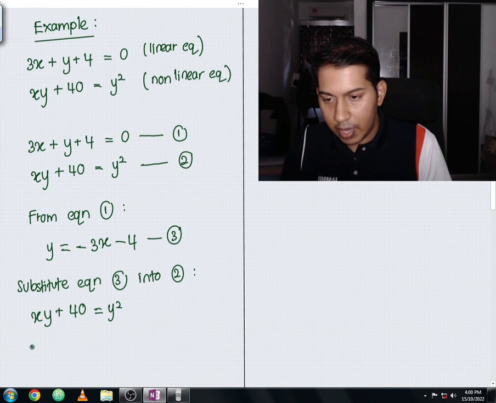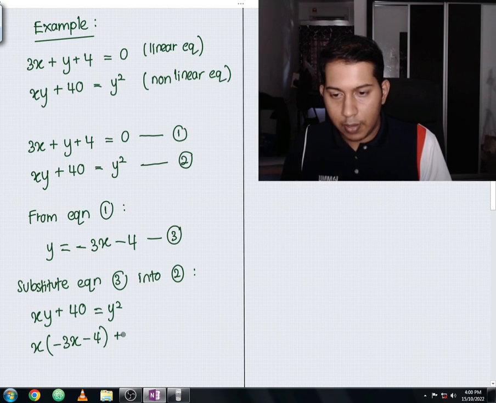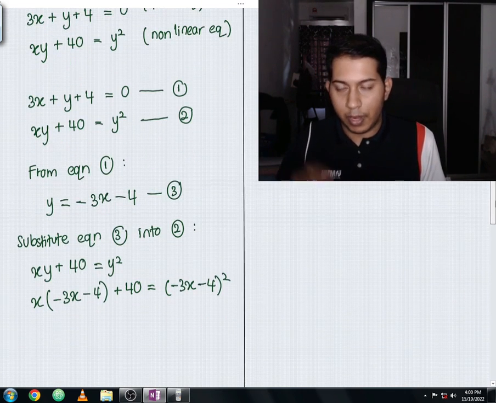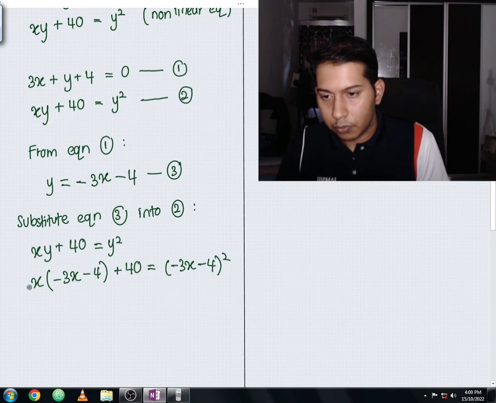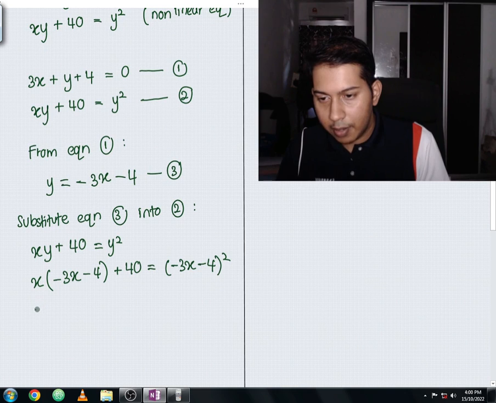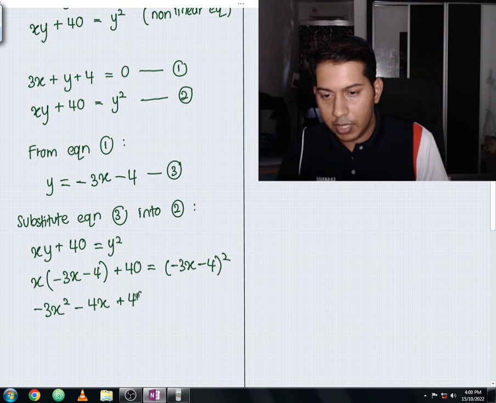So x(-3x - 4) + 4 = (-3x - 4)². Let us solve one by one, no need to rush. This x we can expand in, so we get -3x² - 4x + 4.